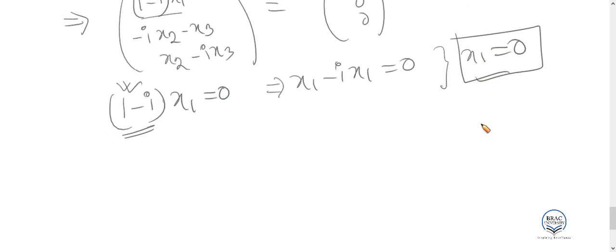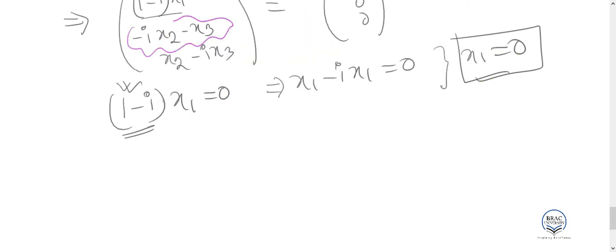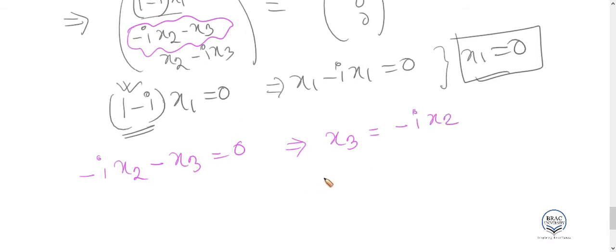Okay, now let's consider the second equation over here. This gives us minus i x2 minus x3 equals 0, and this will tell us that x3 equals minus i x2, right?